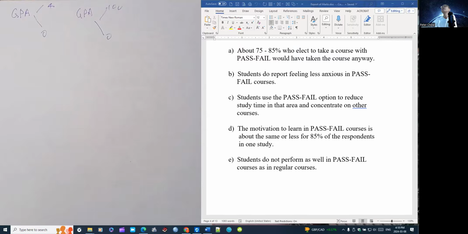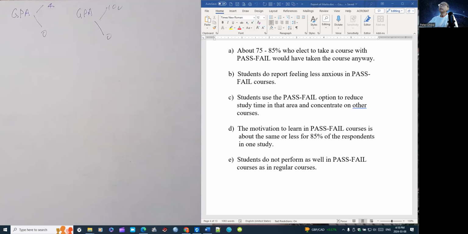Then number 4, the motivation to learn in a pass-fail course is about the same or less for 85% of the respondents in one study, an old study, okay? And finally, students do not perform as well in pass-fail courses as in regular courses.